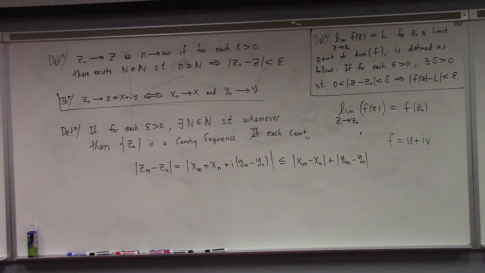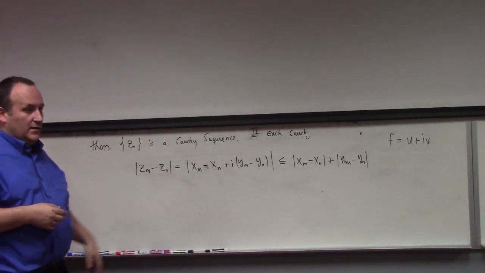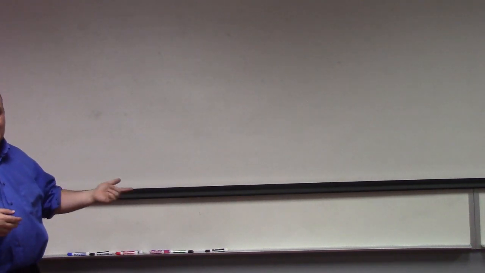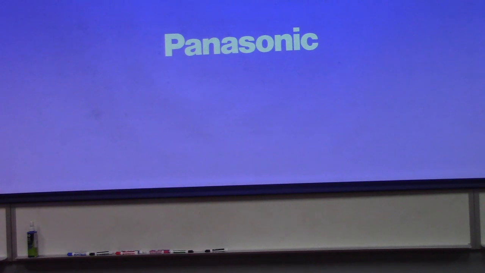So let's look at the proof of the theorem I'm talking about. The limit laws. Do you guys remember limit laws? Limit of the sum is sum of the limits. Limit of the product is product of limits. You can pull a constant out. All that jazz. So those things still all work here. And you know what? The proofs of those things are actually still the same proofs.